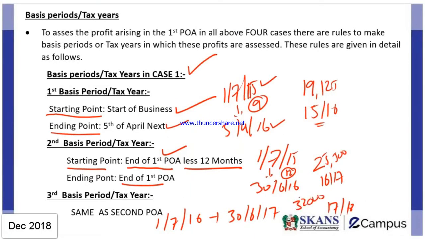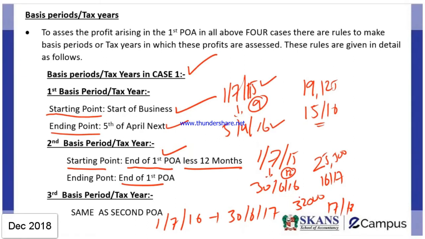So when I apply the opening year rules and find the basis periods, the profits of 15-16, 16-17 and 17-18 are found by applying these rules.